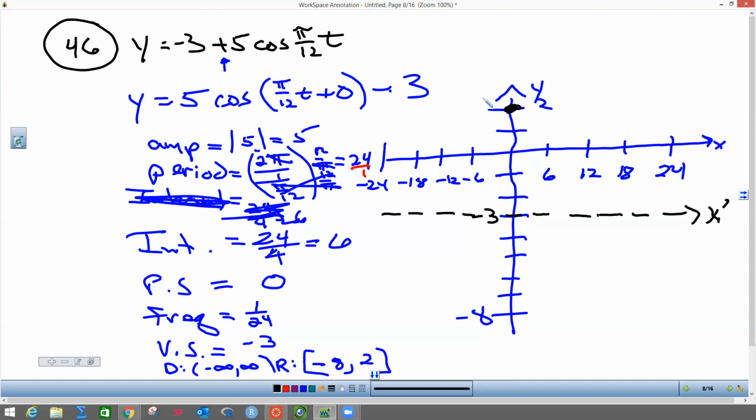Now, you go from a max to a 0, right? You've got to be careful here. The 0 is no longer here on this x-axis. It's down here on my fake x-axis. So I go from a max to a 0 to a min, which is 5 down from here. And then I go back to a 0 and back up to a max.